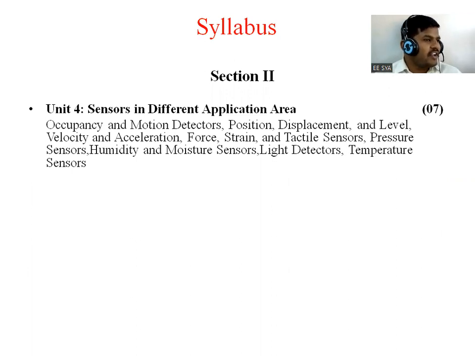Then there is measurement of velocity as well as measurement of acceleration. For velocity measurement there are different types of sensor. For example, to measure the velocity of a bullet from a gun, which type of sensor is suitable?